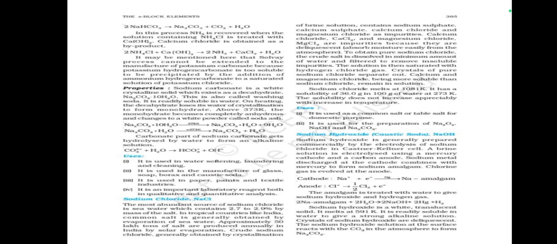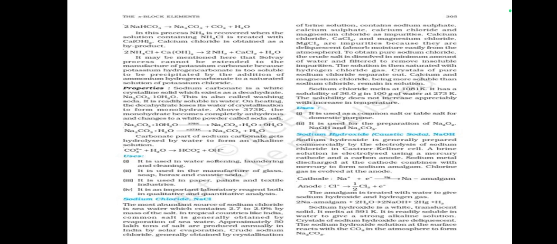Sodium chloride, NaCl. The most abundant source of sodium chloride is seawater, which contains 2.7 to 2.9 percent by mass of the salt. In tropical countries like India, common salt is generally obtained by evaporation of seawater. Approximately 50 lakh tonnes of salt are produced annually in India by solar evaporation.